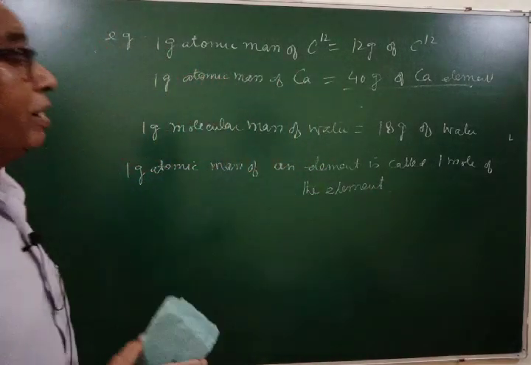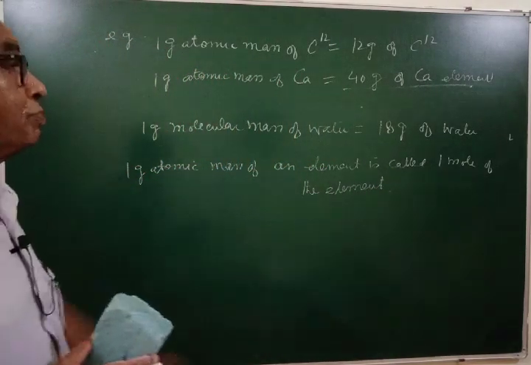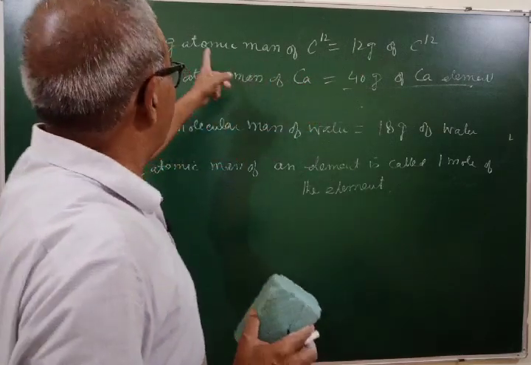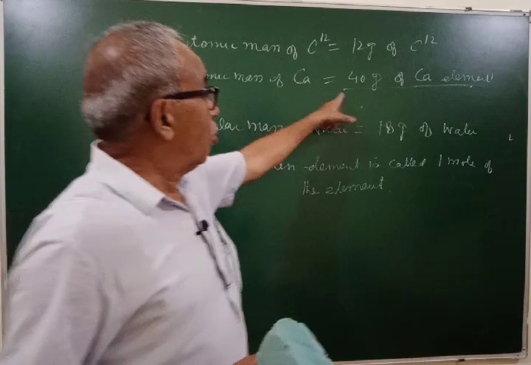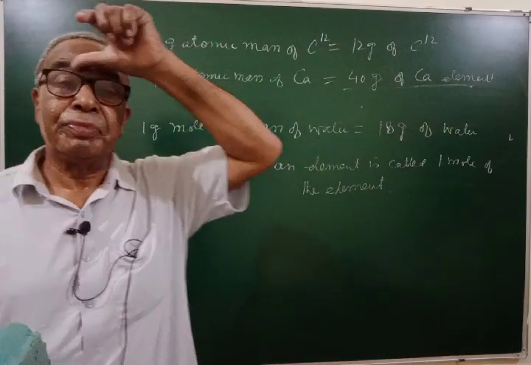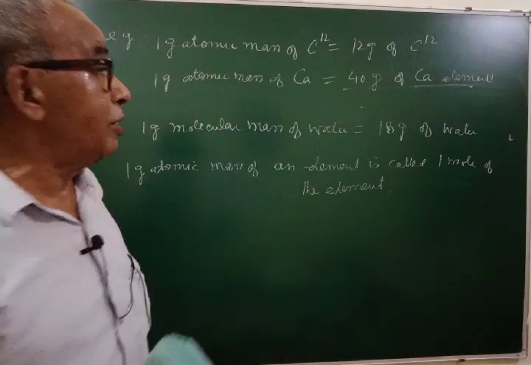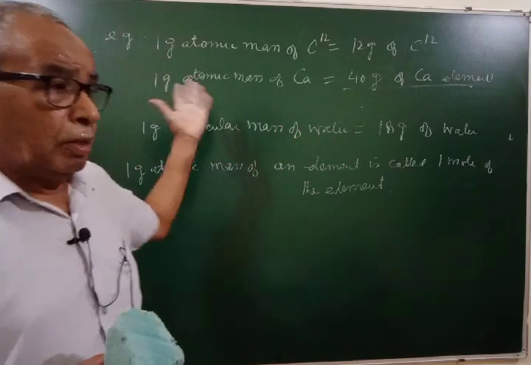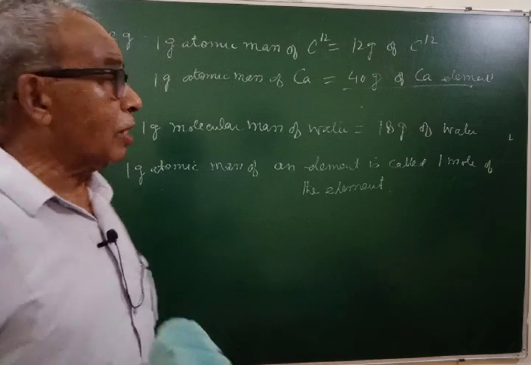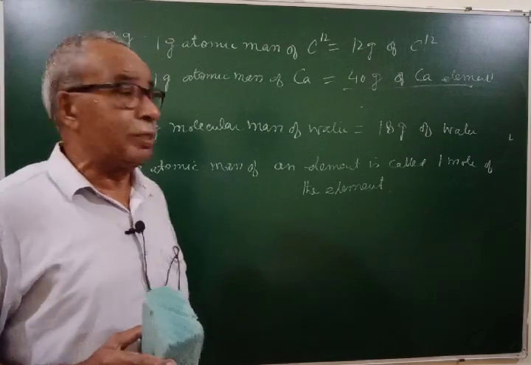Now you can understand it easily. 12 gram of carbon 12 is 1 mole of carbon. 40 gram of calcium is equal to 1 mole of calcium. Similarly, 56 gram of iron is 1 mole of iron.